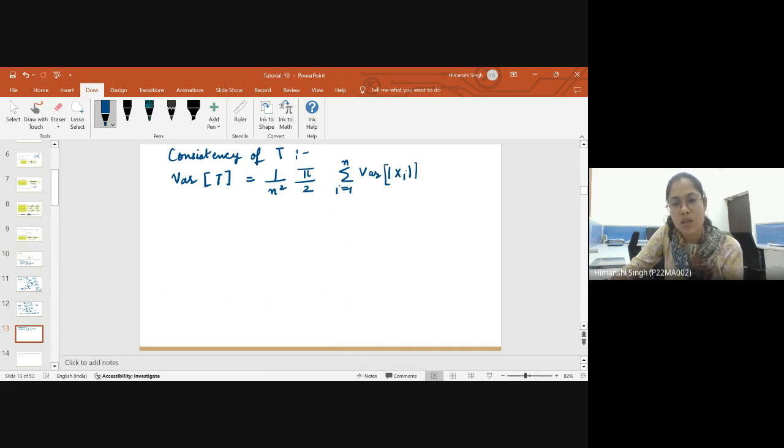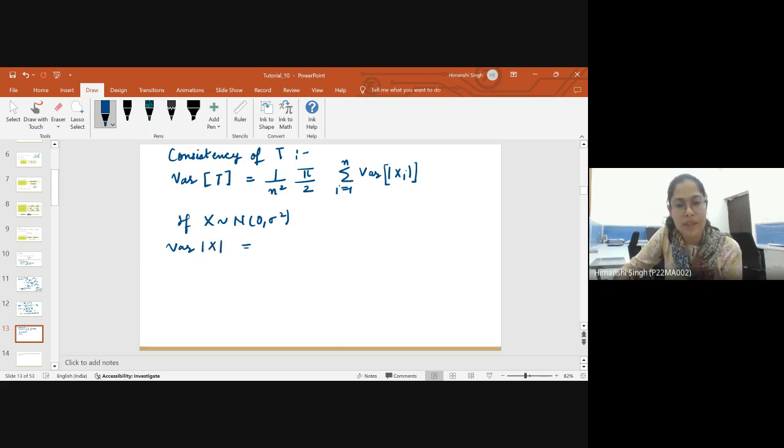Okay, so now we are interested in the variance of mod xi. So if x follows normal 0 comma sigma square, we are interested in the variance of mod x.